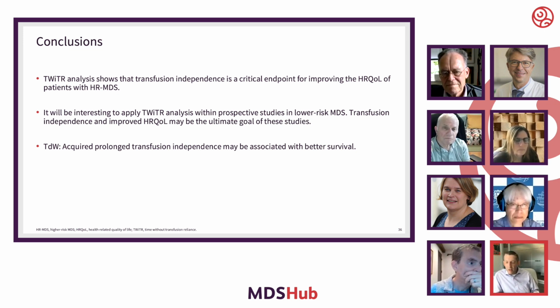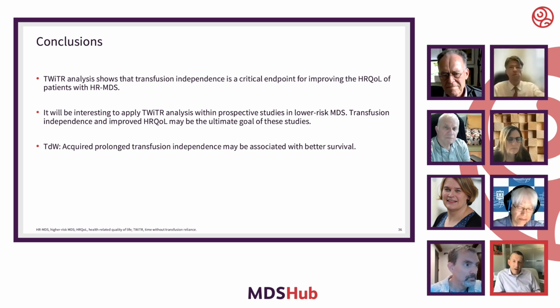So we developed the TWiTR analysis because it does the same thing, right? It basically uses objective data in transfusion reliance or dependence and freedom from progression to define a period of time that we would hope would then be an interim marker of a clinically meaningful benefit like overall survival that the FDA could then use to approve drugs in both lower and higher risk MDS.